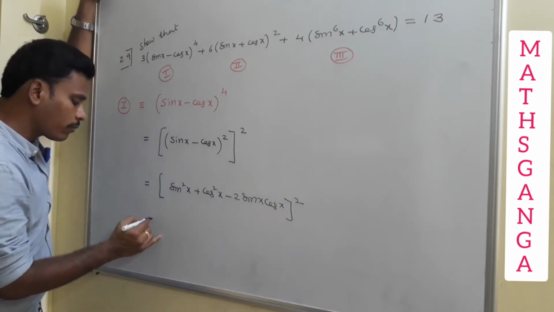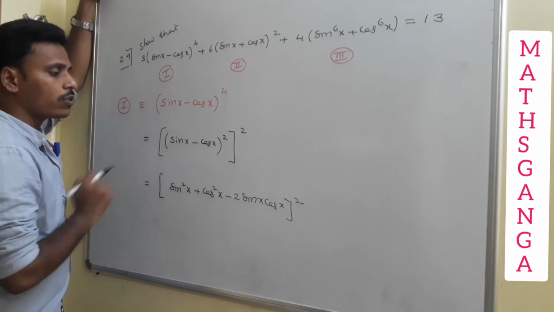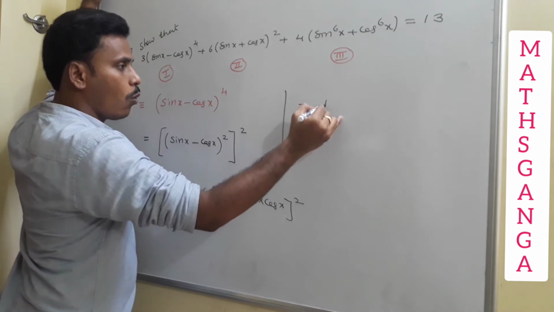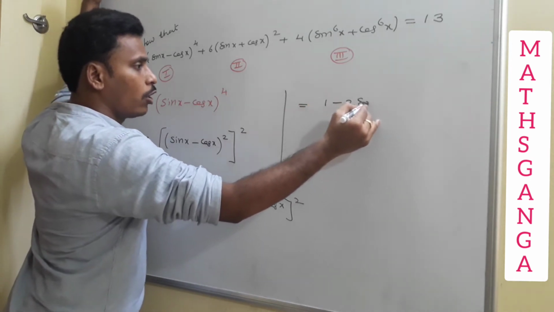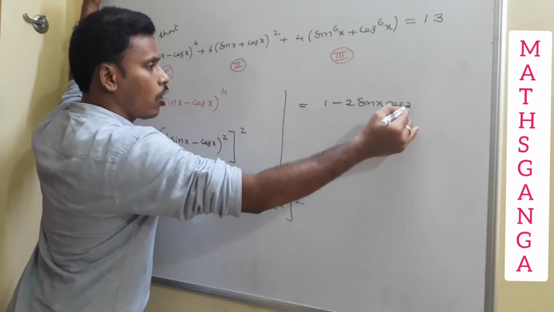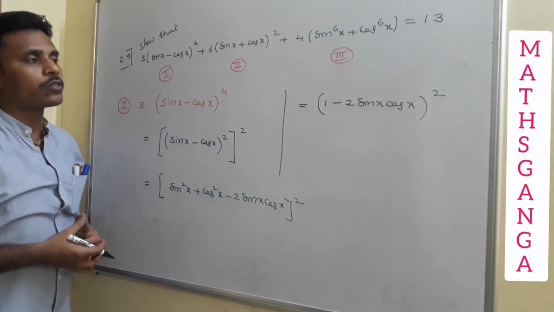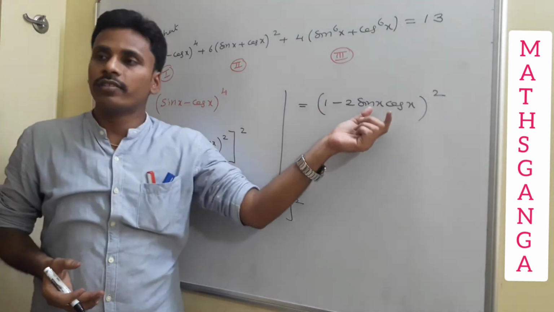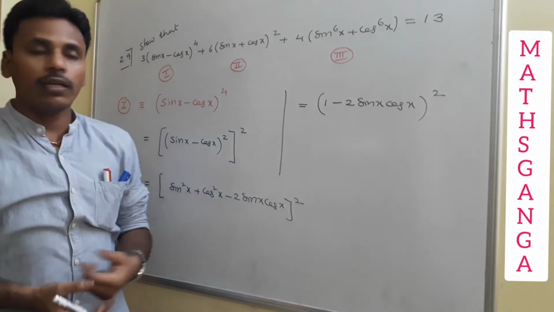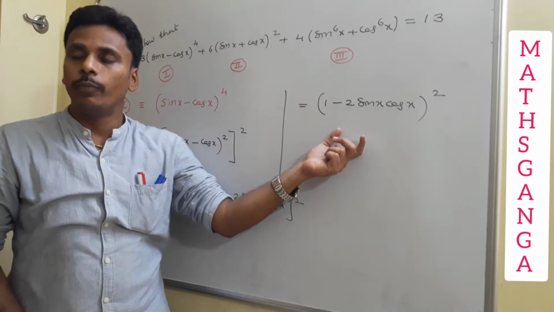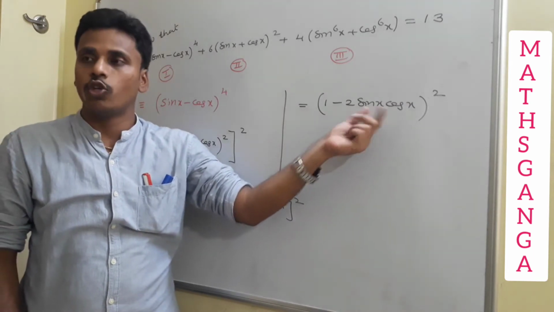Now if you look, this sin square x plus cos square x value is 1, we know that. So that is equal to (1 minus 2 sin x cos x) whole square. We need to apply the square, and here we have sin x into cos x. While writing the square of this term, I would have to repeatedly use this sin x into cos x.